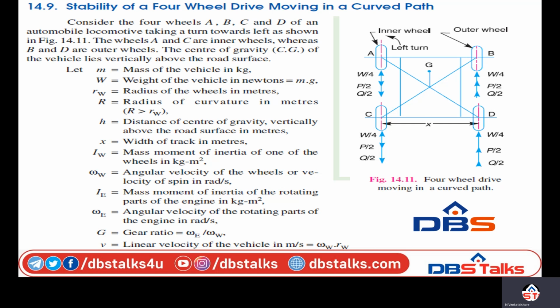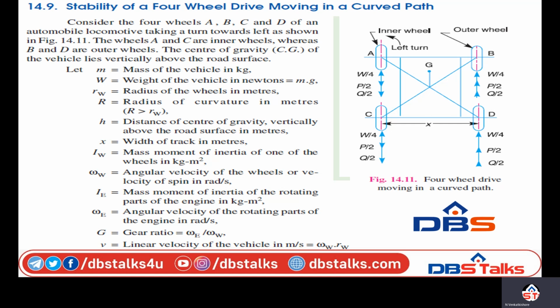Then the effect of the gyroscopic couple gives the formula C = ωW ωP (4IW plus or minus G IE). This is the net gyroscopic couple, that is, on the wheels and on the engine rotating parts.